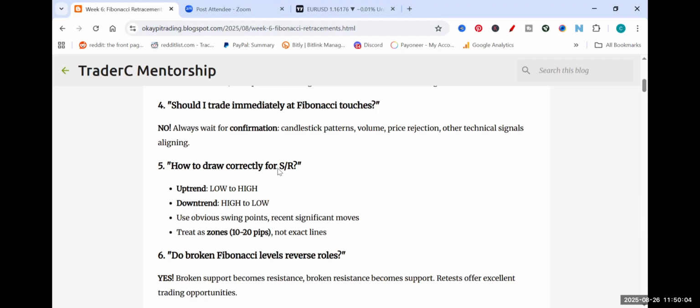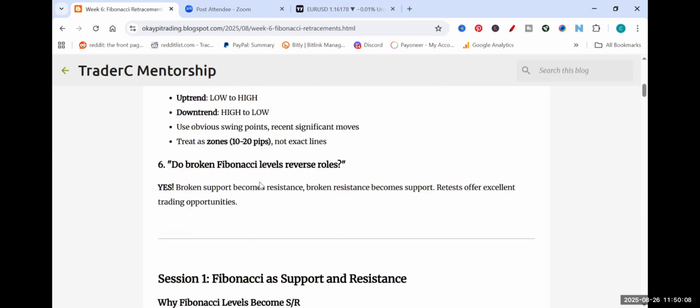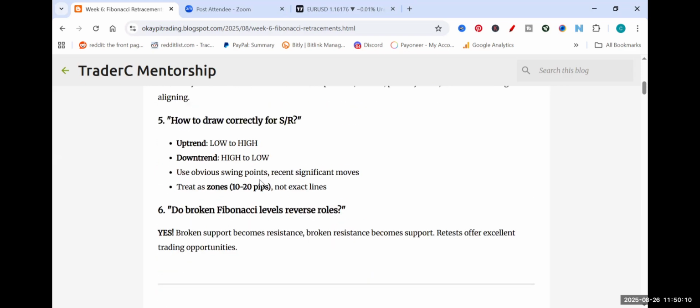So how to draw correctly for support and resistance. Let me just mention this, and then we go to the chart. You normally start from the left, because we use the previous data to give us a future prediction.